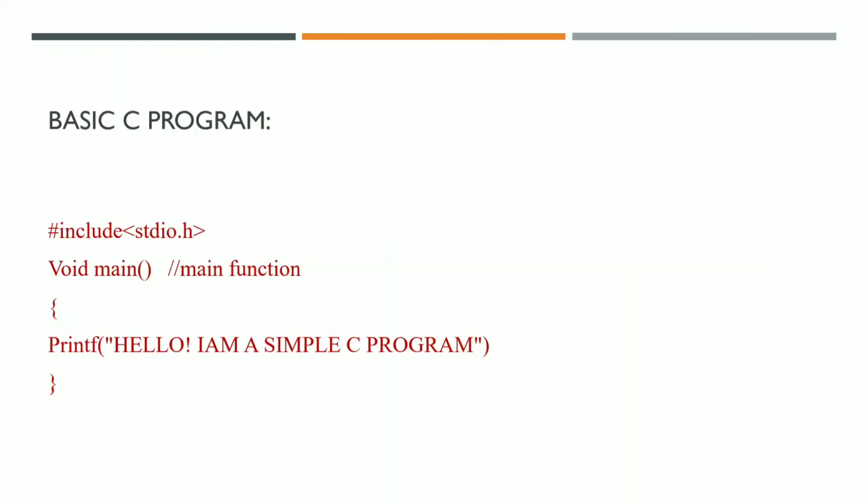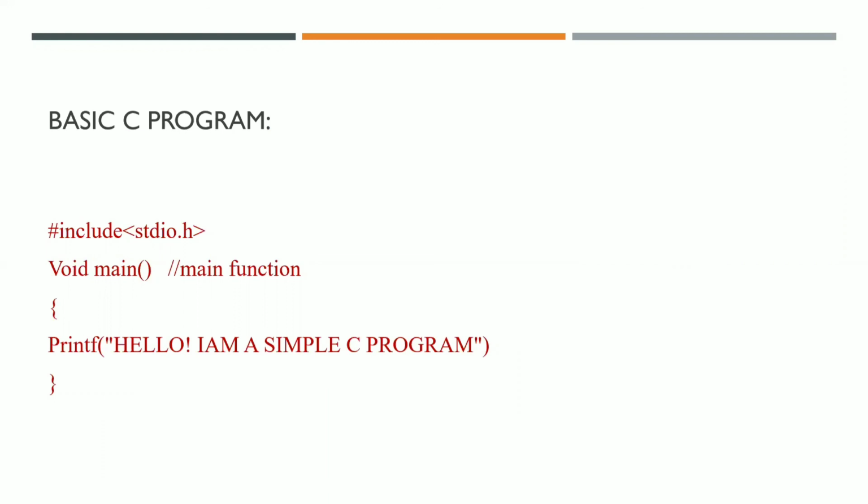Here is a very basic simple C program. The first line consists of header files followed by the main function. Here the global declaration section and function declaration section are skipped as they are not mandatory, we can directly write the main function.